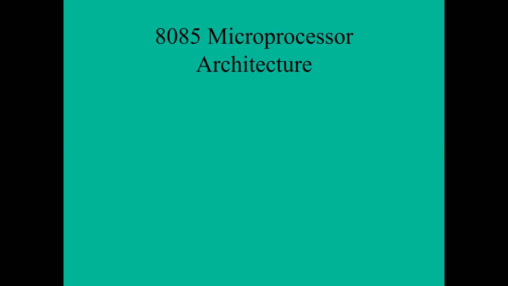Fetching means reading the instructions one by one sequentially from the memory, because everything is stored inside the memory. When each instruction is fetched, it must be decoded, meaning interpreted, by the processor. Decoding means it identifies what operation needs to be executed.